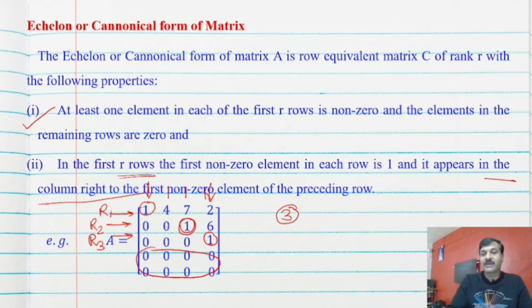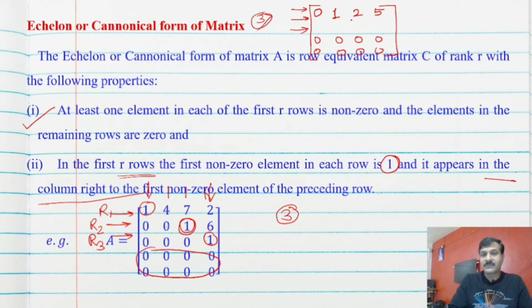fourth column. So I can consider one more example here. Suppose the rank is again 3. Definitely the first, second and third rows contain at least one non-zero element and the remaining rows contain all zeros. Suppose it is like this. In the first 3 rows there is at least one non-zero element, and the first non-zero element is 1. So suppose here 0 and here 1, maybe here 2, 0, whatever.